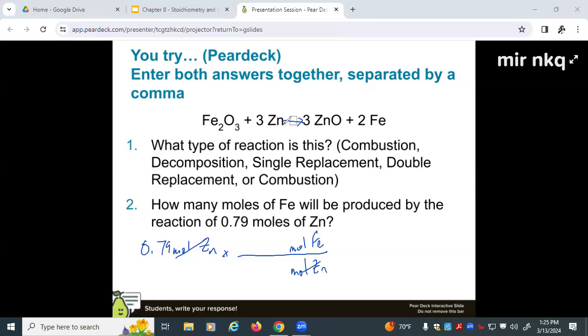They come from the balanced chemical equation itself. So 3 for zinc and 2 for iron meant that this was a 2-to-3 ratio. And if you take 0.79 and multiply it by 2/3, you end up with 0.53 moles of iron.